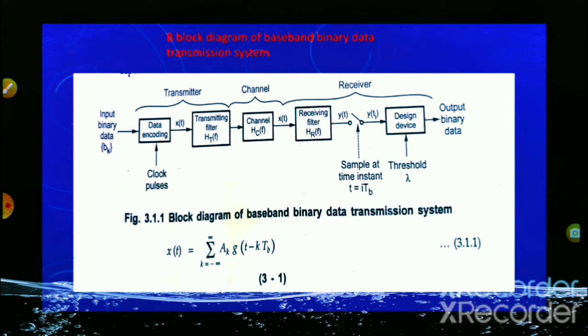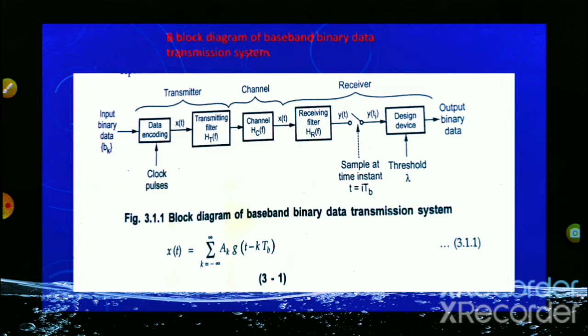The input data, binary data, is first given to data encoding. The clock pulses are applied to the encoding system. Then the transmitting filter H of t, which removes the noise. Then the channel, where the data is transmitted.